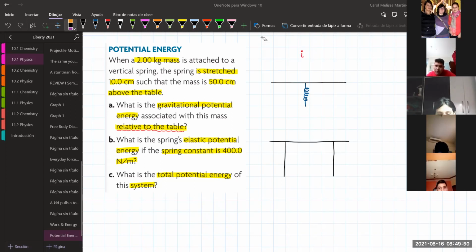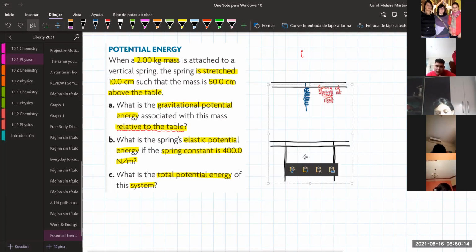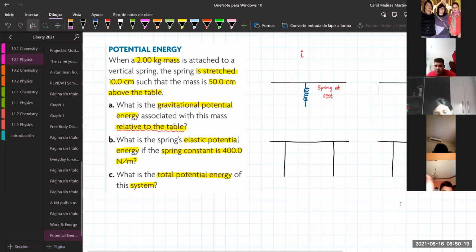You have a spring at rest, or a spring without anything. Okay. The spring alone. And what you know is that you are going to attach a mass in the end of this spring. So the second situation that will occur is this one. In the final part of this situation, you're going to attach a mass to it.